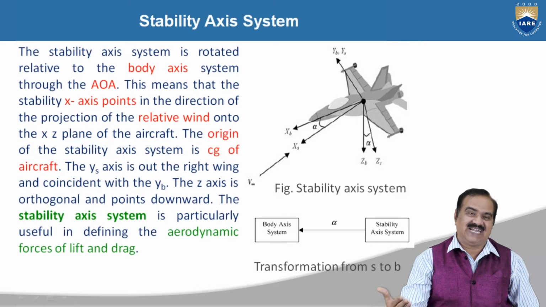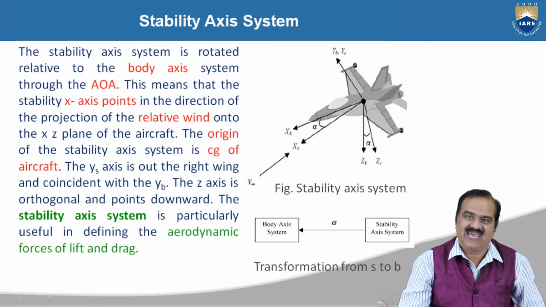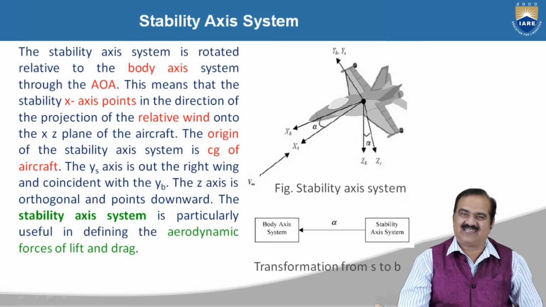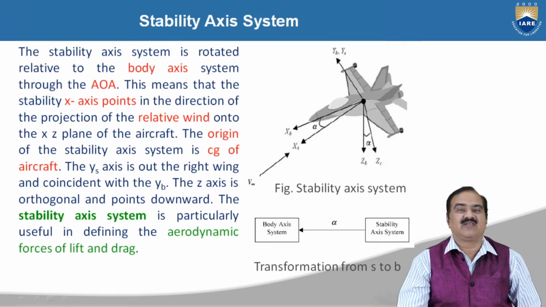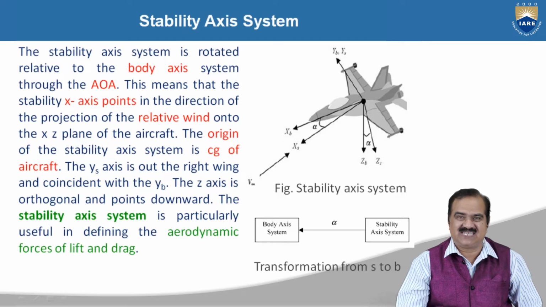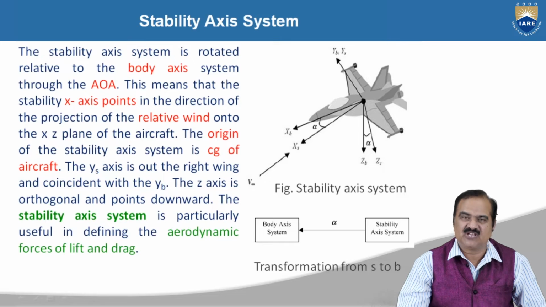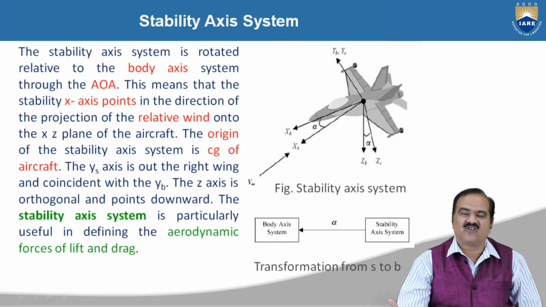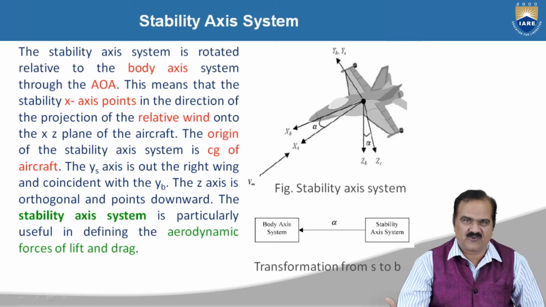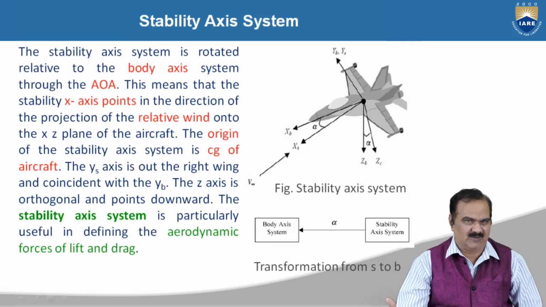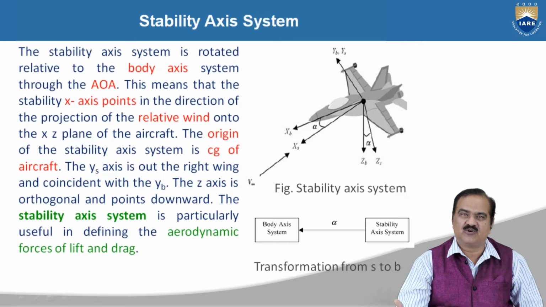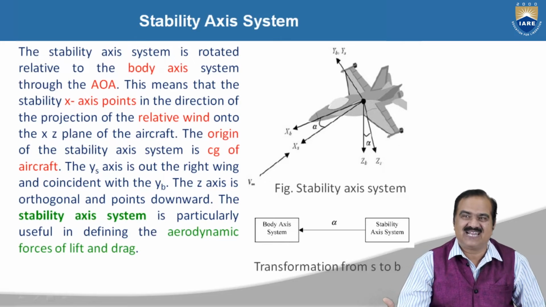But if you see the starboard side of the axis, the body axis and the stability axis both remain the same. So it is very nice and easy to explain this with respect to the stability axis system. This system is very popular for finding the stability and the forces, especially the lift and drag forces, because in longitudinal motion we change the angle of attack, that is alpha.